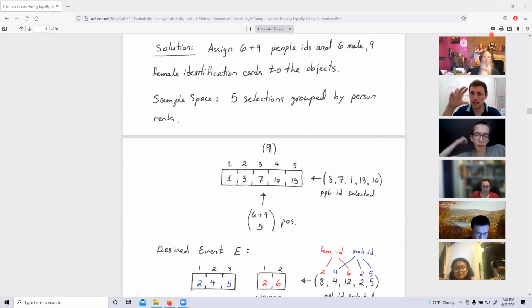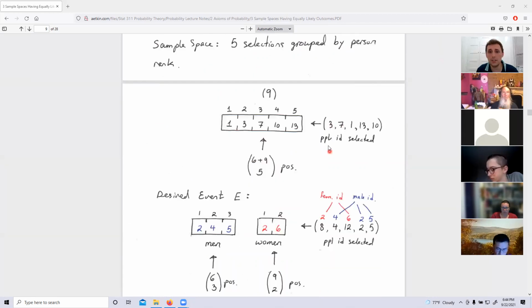Just like with the balls, I have 2 numbers. On the top, I have people IDs, 1 through onwards, right? And then red numbers and blue numbers. So for instance, if this situation happened, then I just put them in order, from smallest to largest. Those are the people selected. There are 6 + 9 choose 5 possibilities.